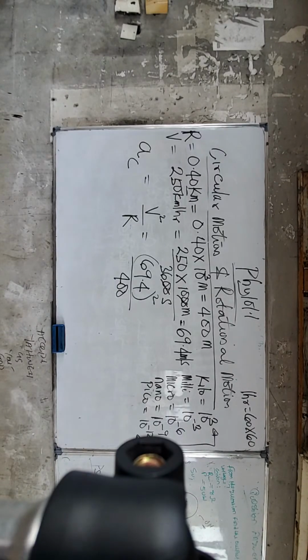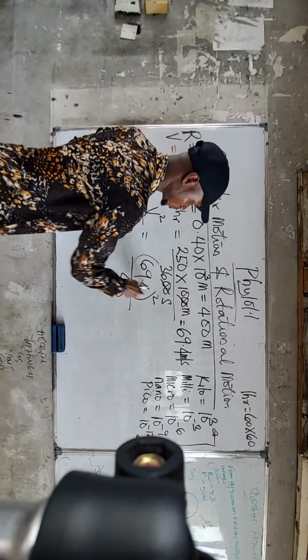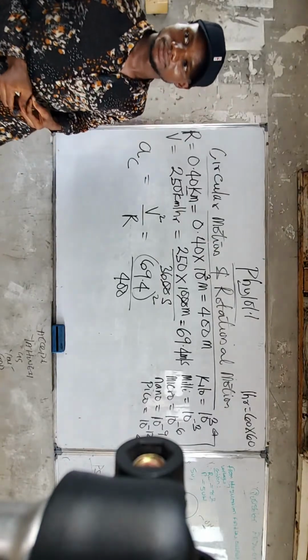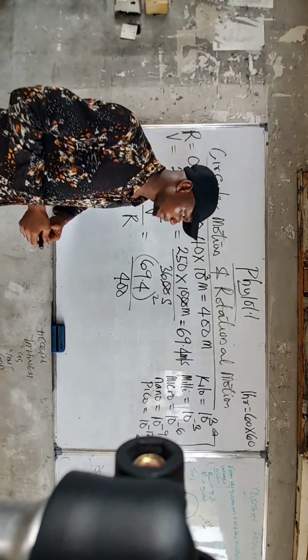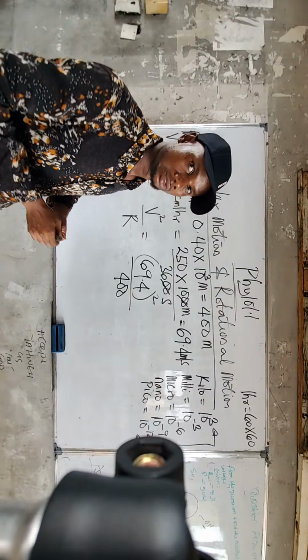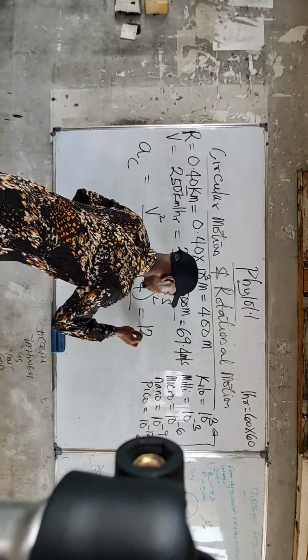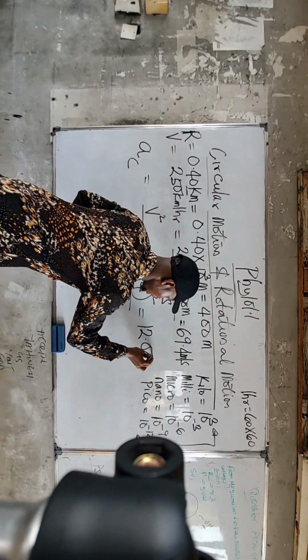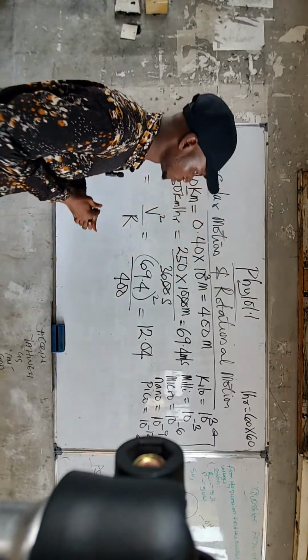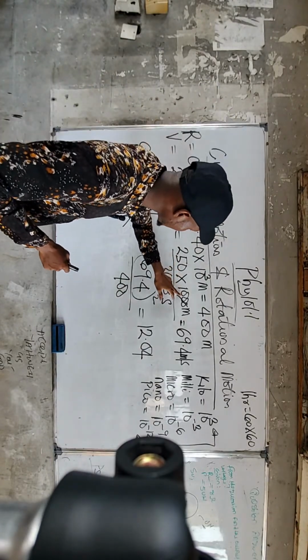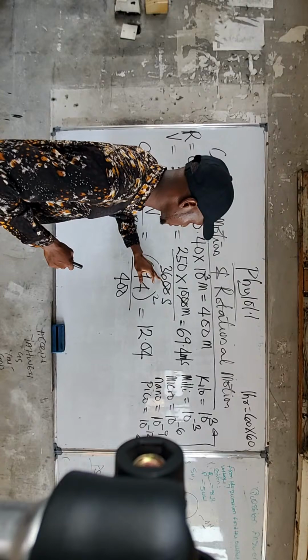Now let's get the answer, please. That is 69.4 all squared divided by 400. What will be the answer, please? 12.04. Are you sure? Now get this one first: 250 times 1000 divided by 3600.